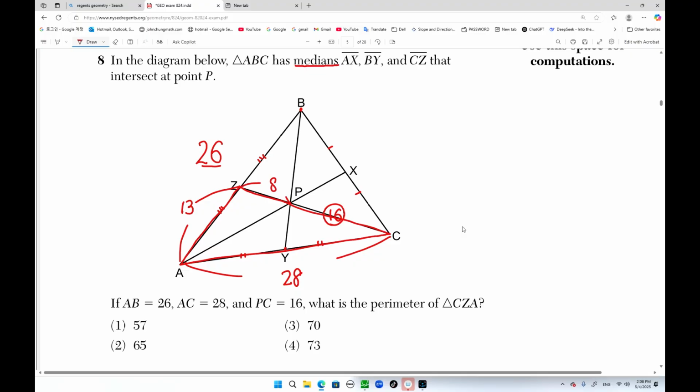Half of this is 8. So 13 plus 8 plus 16 is 24, and 28. The sum of all these numbers is the perimeter of triangle CGA, which is 65. Okay, that's the perimeter.